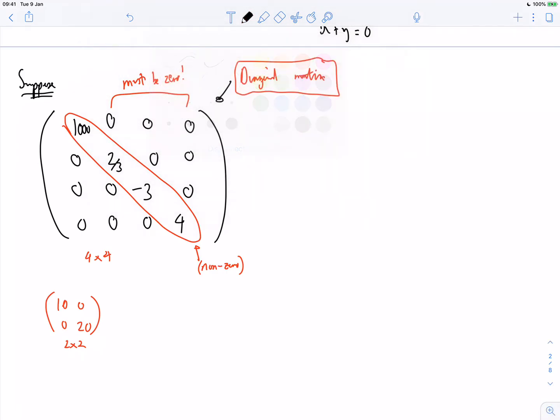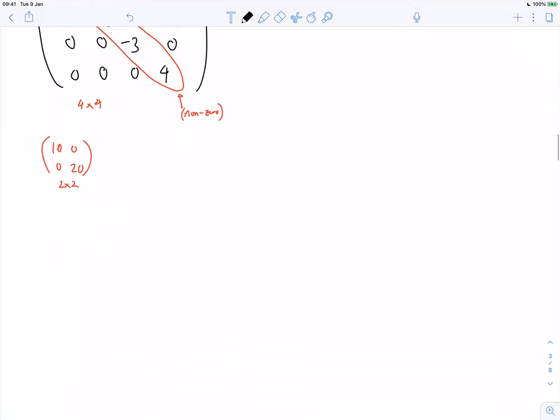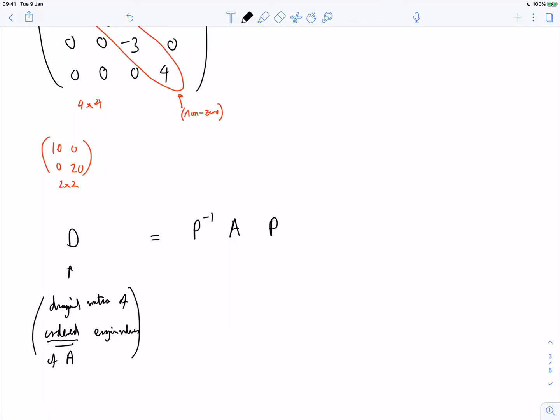I'm going to claim the following: that D, which is a diagonal matrix of ordered eigenvalues of the matrix A, is going to equal P inverse times A times P. P is going to be an n by n matrix.